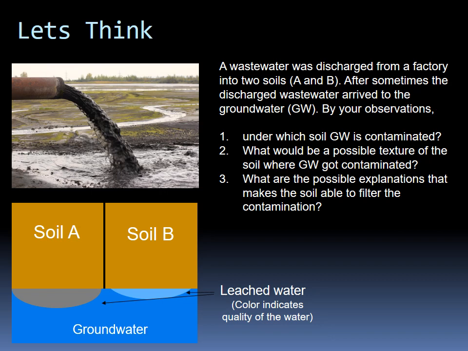Then, what would be the possible texture of the soil where the groundwater got contaminated? And third, what are the possible explanations that make the soil able to filter the contaminant? Now, spend some time, focus and look at everything in the picture, and then try to answer these questions. Then we're going to do it together.